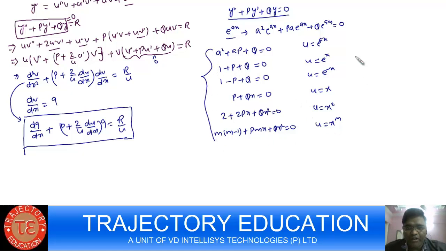In this way I can check these conditions and get an idea of one of the integrals. In most cases you are given one of the integrals belonging to the complementary function, and then you are asked to find the complete solution. In that case we'll solve this equation, get v, and multiply u and v.